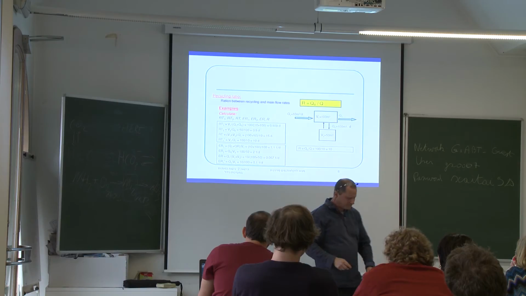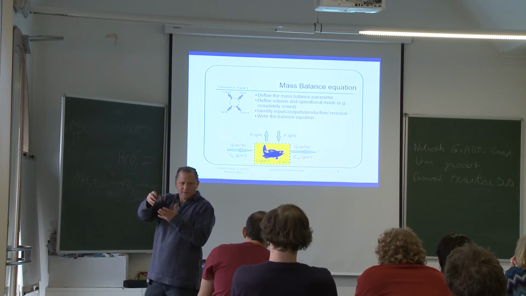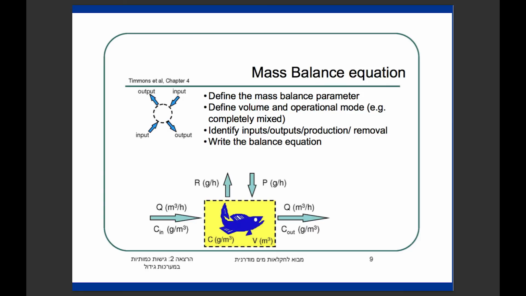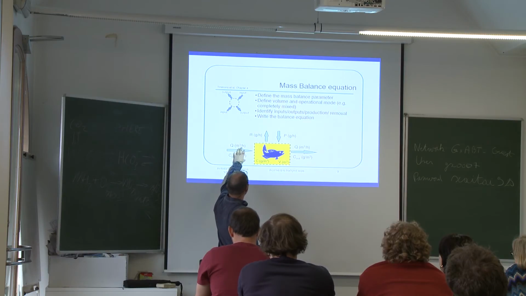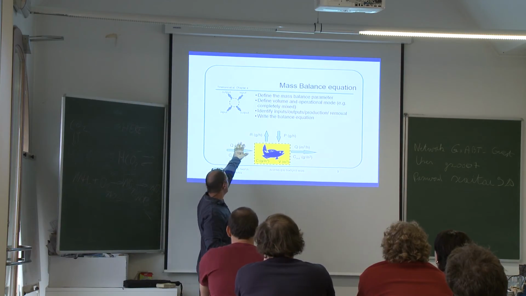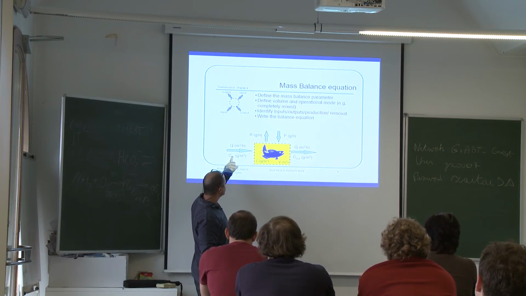So that's an important thing when you want to start looking at balance: how much gets in in terms of nutrients, how much gets out, and what's produced and what's recovered. For each one of these tanks, there are inputs, there are outputs from the tank, and there are things that are either produced in the tank or removed from the tank, okay? So this is what happens here. We have input of water with food or nutrients, inputs of nitrogen, which is dependent on the flux in, cubic meters per time, and the concentration that we start with.